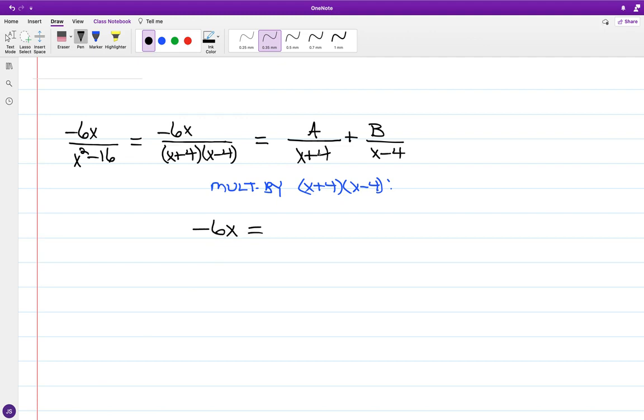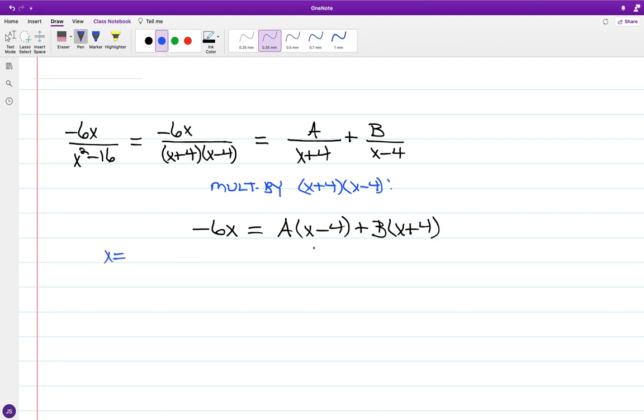For A, x plus 4 cancels, but we will have the distribution of A over the quantity x minus 4. And for B, it's the other way around. X minus 4 will cancel, but we're going to have B distributed over x plus 4. And now we have two unknowns, A and B, but we have as many zeros that we can apply.